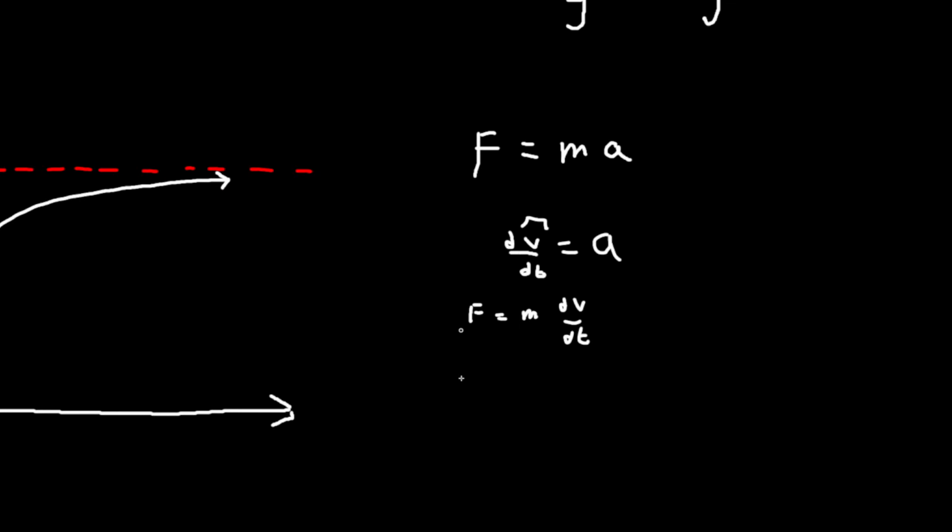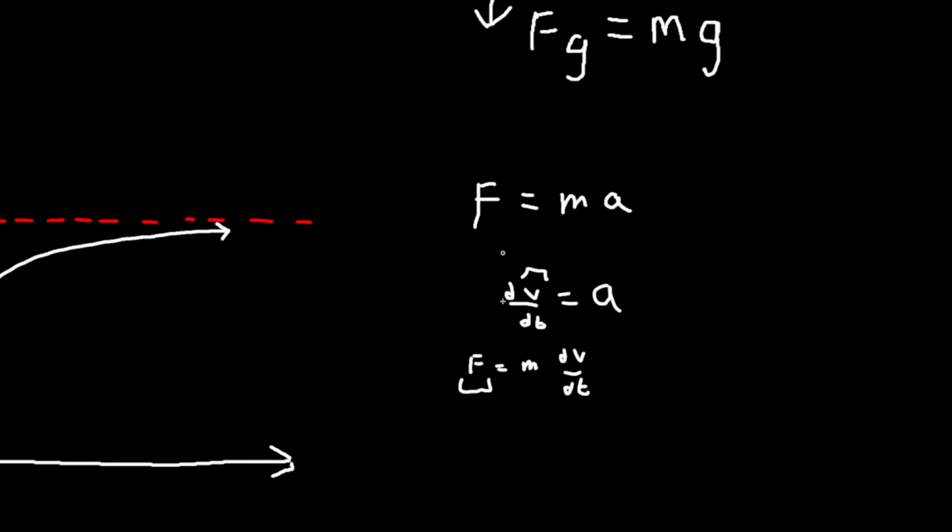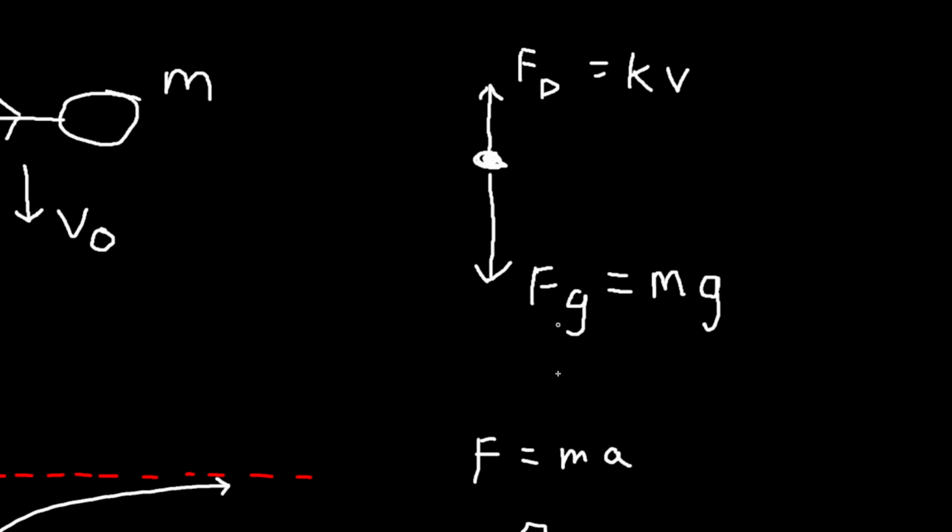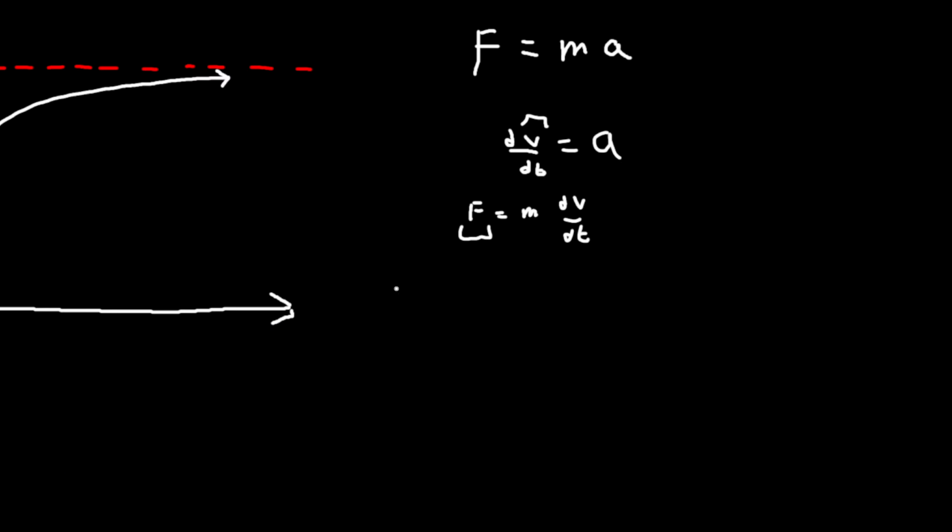Now, what I want to do is I want to expand out this net force right here. So we have our net force, which is equal to Fg minus Fd, because they are in opposing directions. So Fg minus Fd equals m dv/dt.